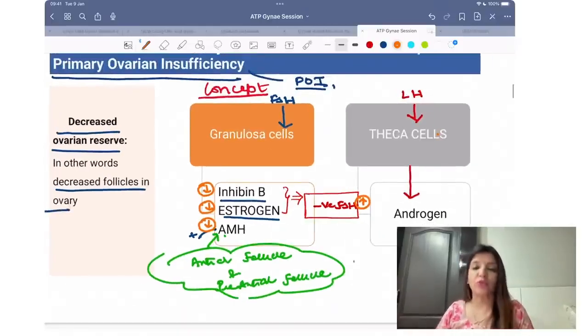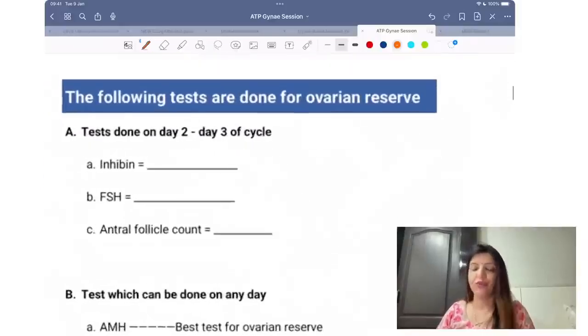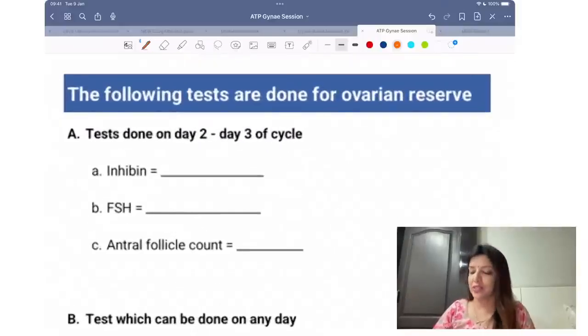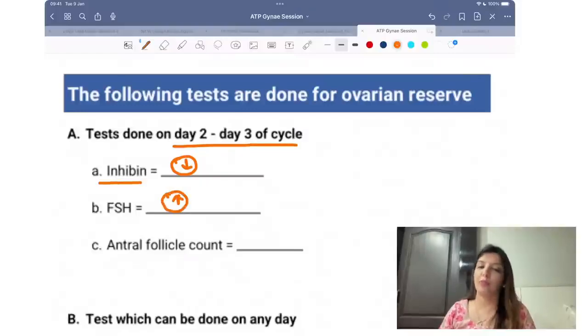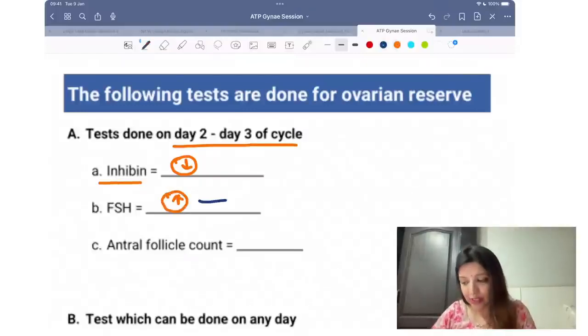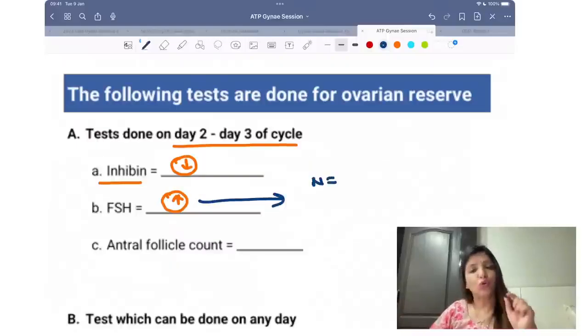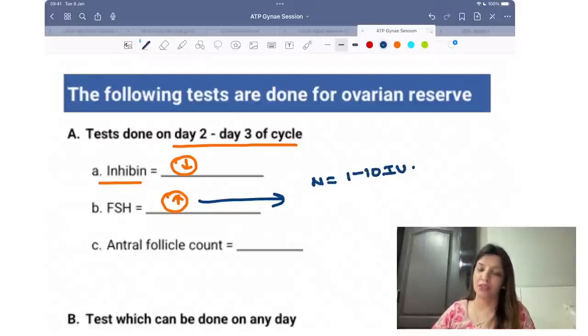The tests which we do for ovarian reserve are done on day 2 or day 3 of the cycle. You can check inhibin levels, which will be decreased. You can check FSH levels, which would be increased. How much increased? Please remember, only a few values need to be remembered. Just remember, normal FSH values are 1 to 10 international units.